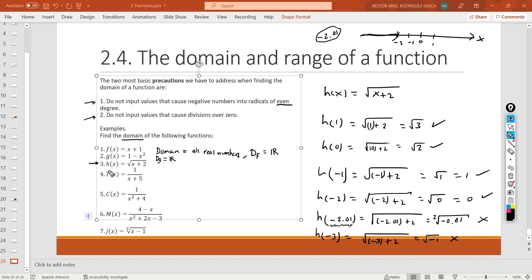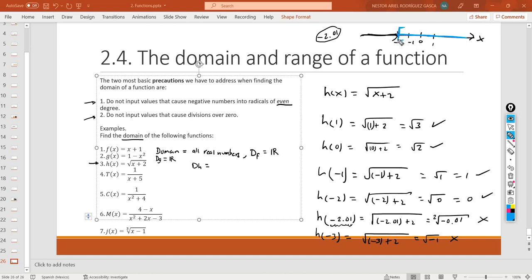So, what is the domain of h? All the admissible values are this, all of this in blue.